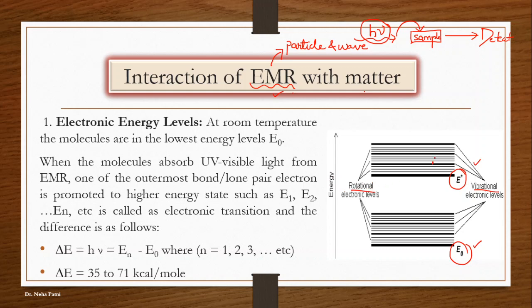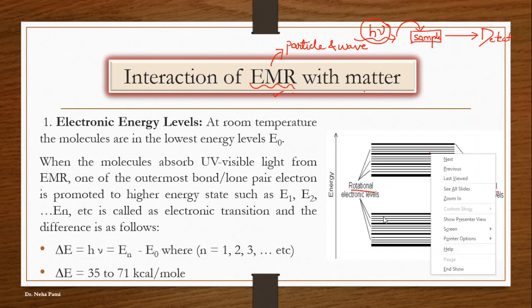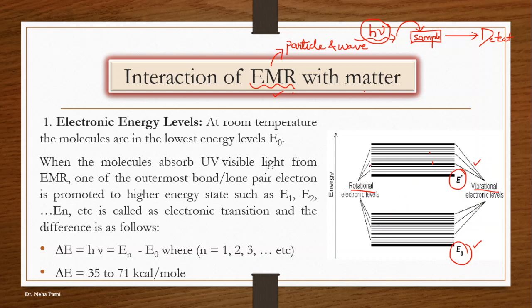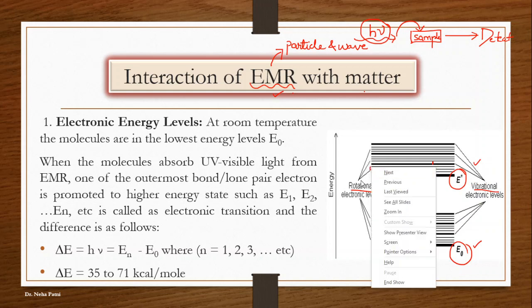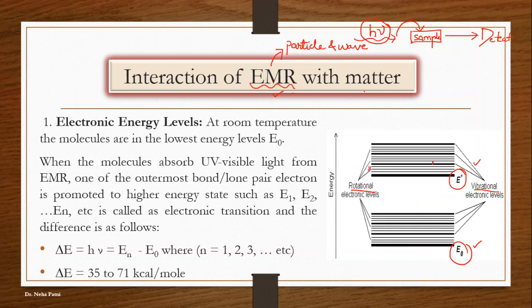These levels in between are vibrational levels, and in between vibrational levels you have rotational levels. So the first level is the electronic energy level, and for an electron to pass from one electronic level to another, this much energy is required, and that is what you are allowing it to pass. If it absorbs that much energy, it passes from one state to another.